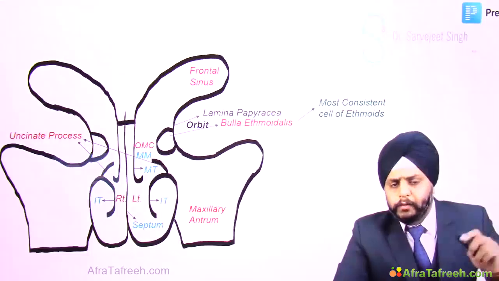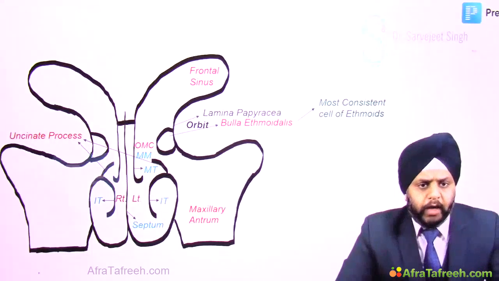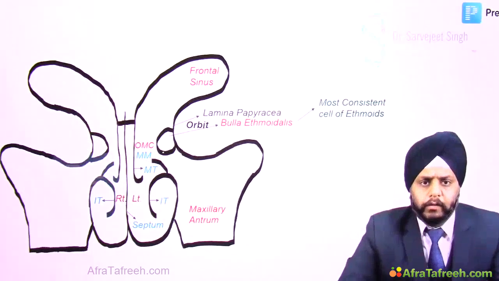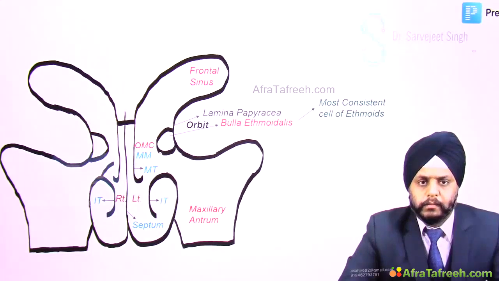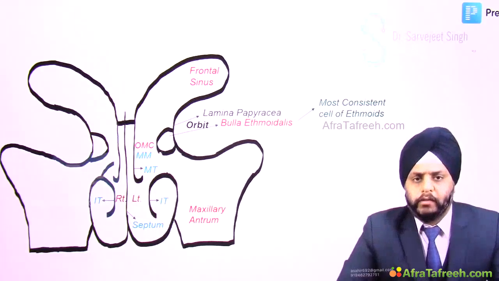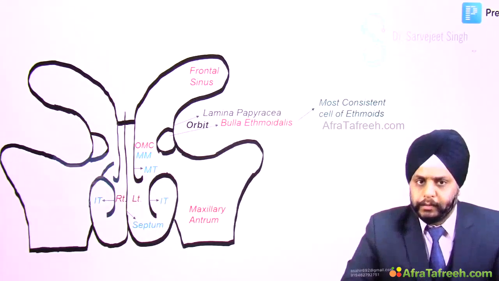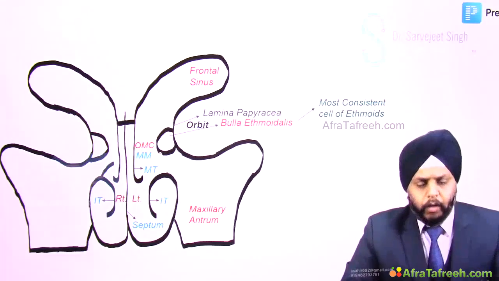Let's say this uncinate process was absent. Now what will happen? Okay, so let me do one thing. Let me remove the uncinate process completely from here. Okay, so as you can see, I have removed the uncinate process. I've erased it.